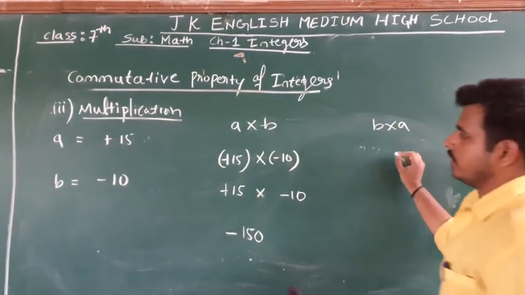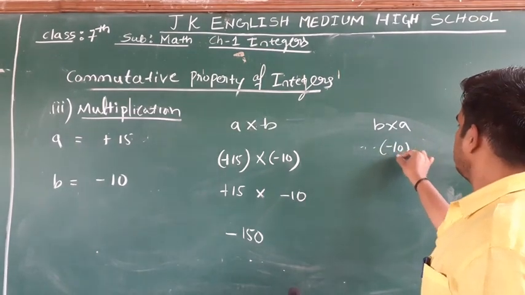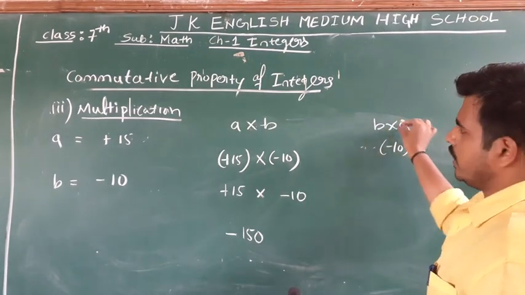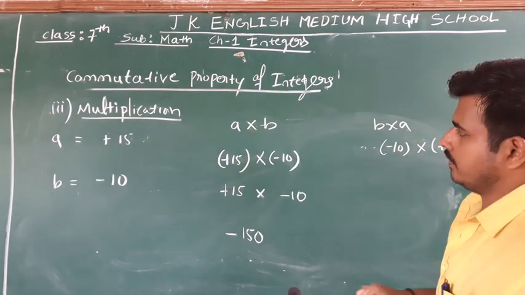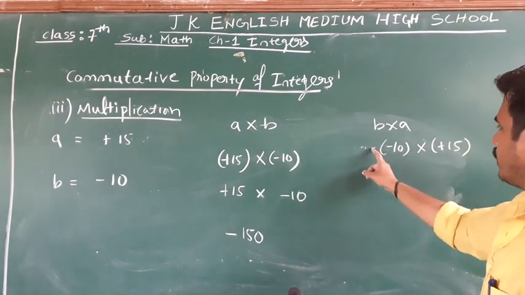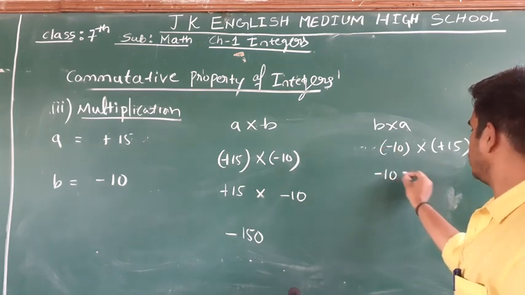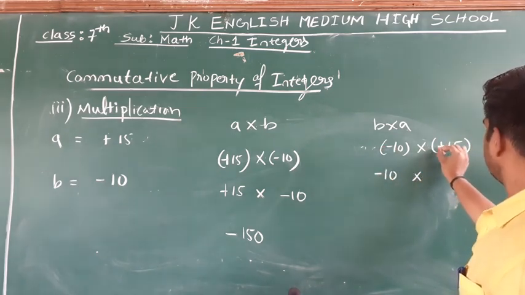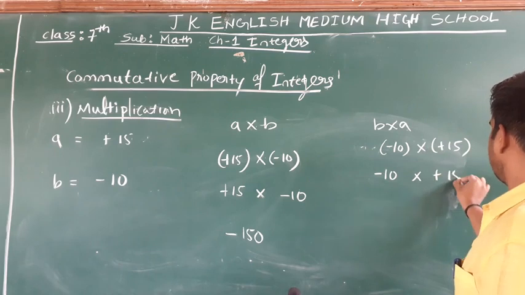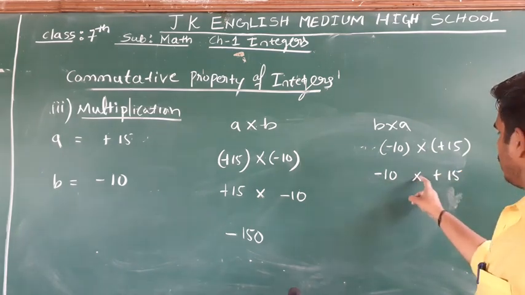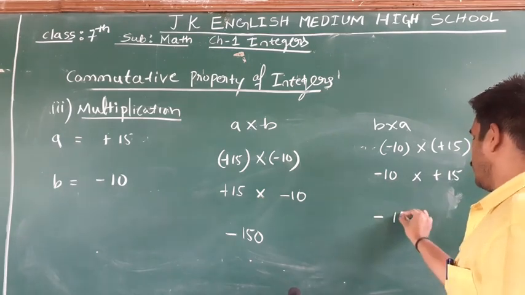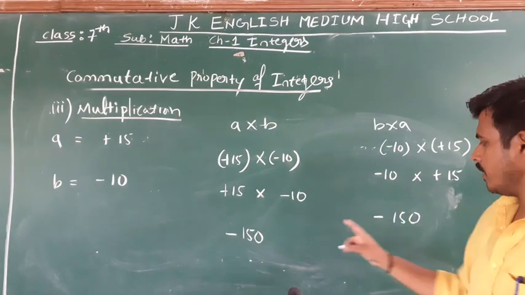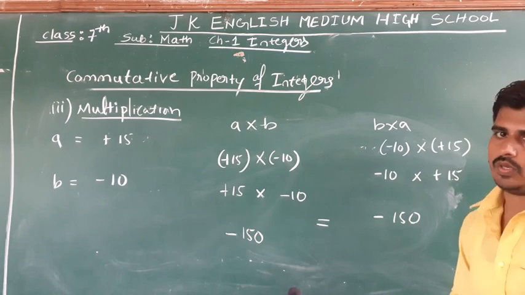Now substitute here: minus 10 in place of b, into plus 15 in place of a. Open the brackets, minus into plus is minus, 10 into 15 is 150. So minus 150. Yes, they are equal.